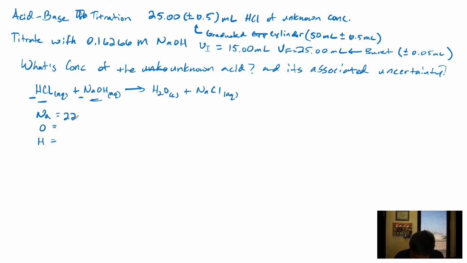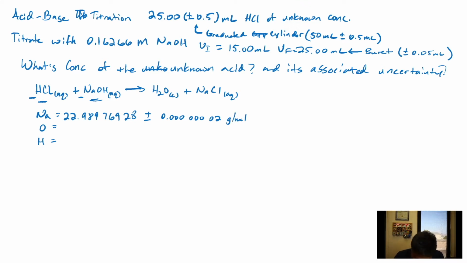That was easy. 22.9. I take that back. It was easy to find, but it's hard to write because it's super long. 22.89769282 plus or minus, again, this is the long one, 0.0000002 grams per mole.